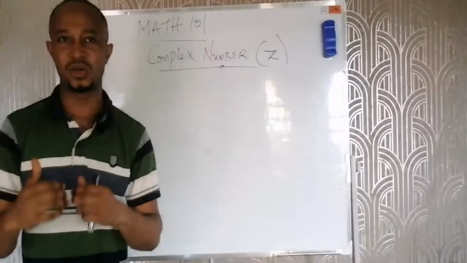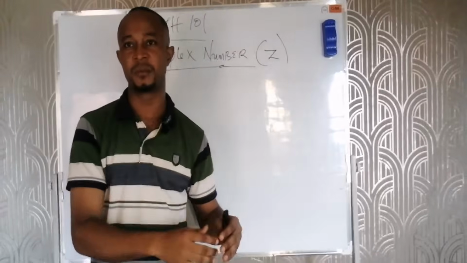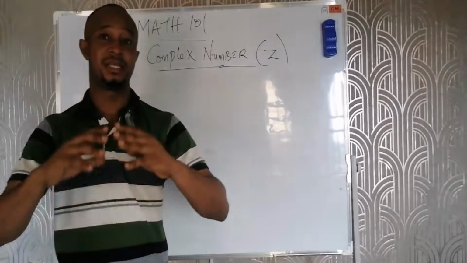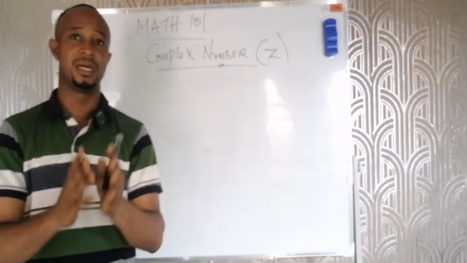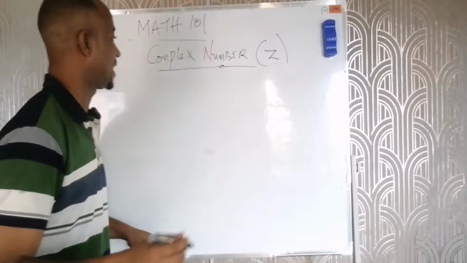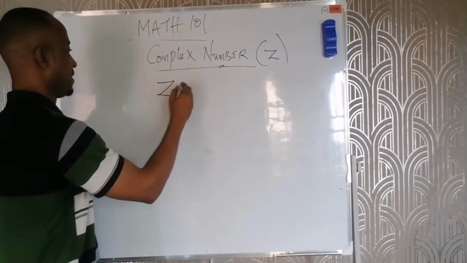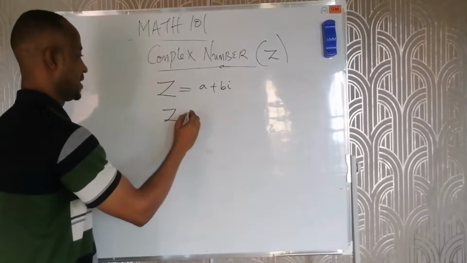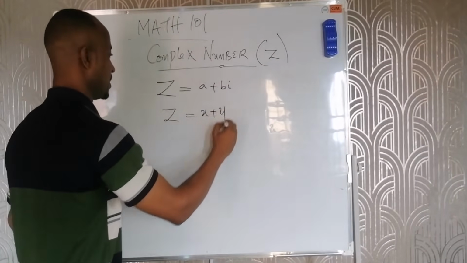Okay, for the sake of those who just joined us, we define a complex number as a number that has two major parts, the real part and the imaginary part. The general expression of a complex number z is given as a plus bi, or z equals x plus yi.